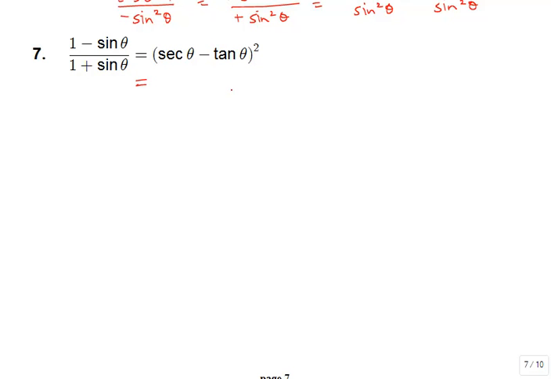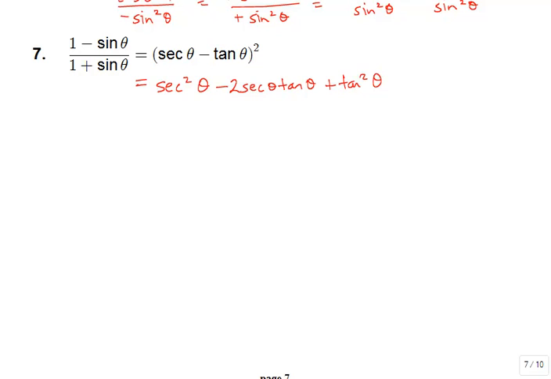So that's my game plan. So this is a whole quantity squared. If we square this out, we're going to get a secant squared theta. You'll get a middle term, two of them, a minus 2 secant theta tangent theta, and then you'll get a plus tangent squared theta. That's just from FOIL.